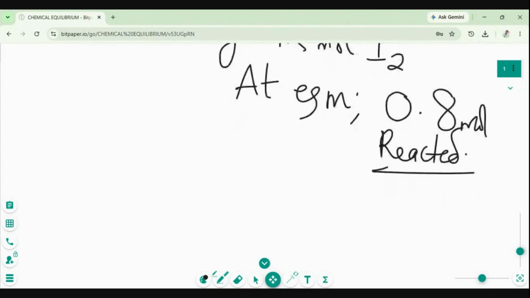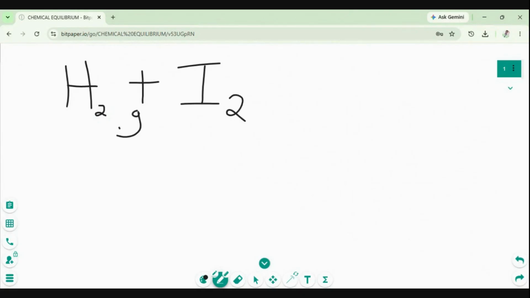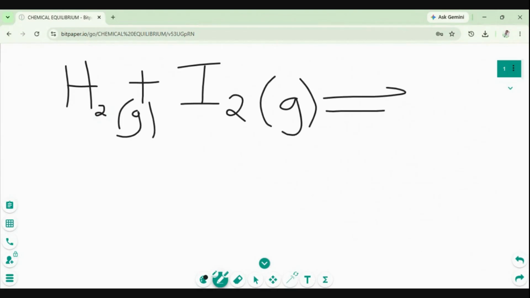If you place hydrogen in a vessel with iodine, both being gases, we said it should be a reversible reaction, and you finally get hydrogen iodide gas.